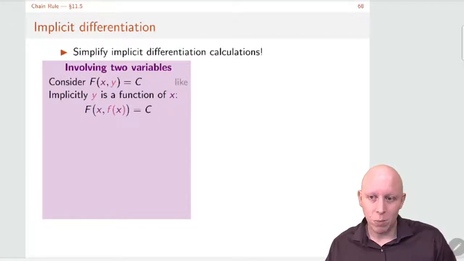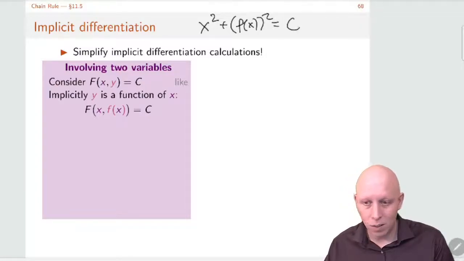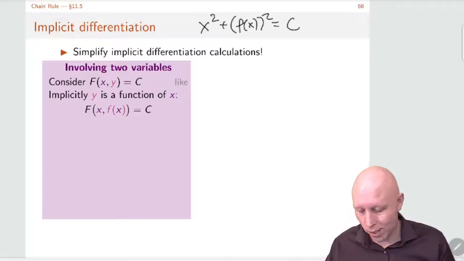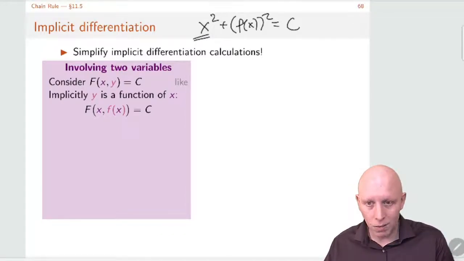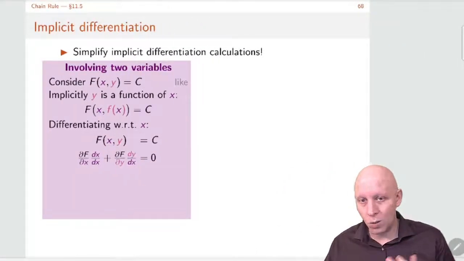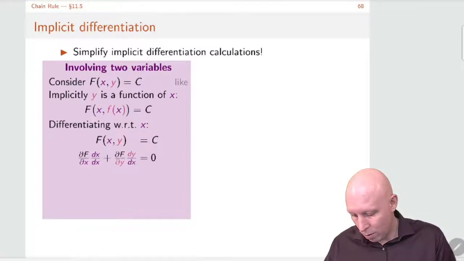So implicitly, y is a function of x. When we have this, we have x squared plus f of x squared is equal to c. Sometimes we then try to solve for what f of x is. So now x is a function of x, and f of x is a function of x. So if we take the derivative with respect to x, then what do we get?